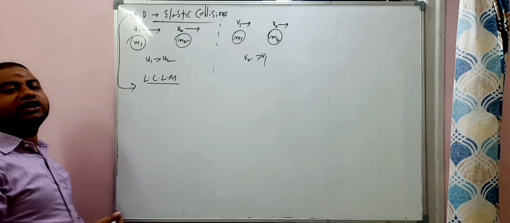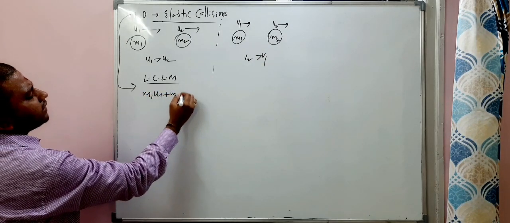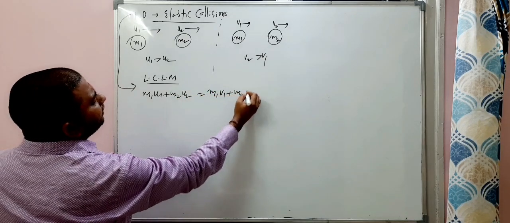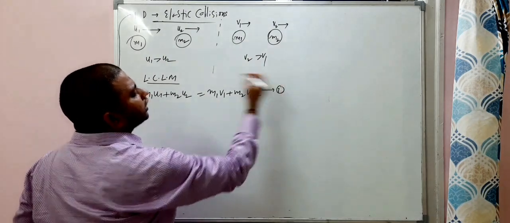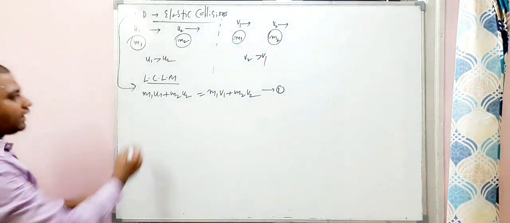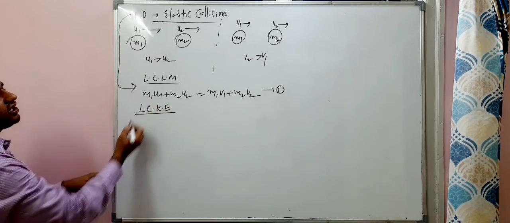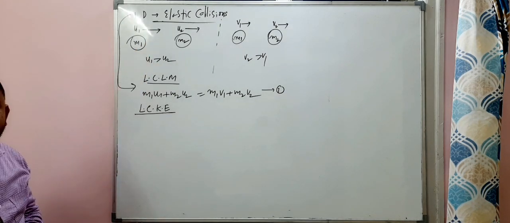The law of conservation of linear momentum says m1 u1 plus m2 u2 is equal to m1 v1 plus m2 v2. So this is equation number 1. Kinetic energy is conserved only in elastic collisions.